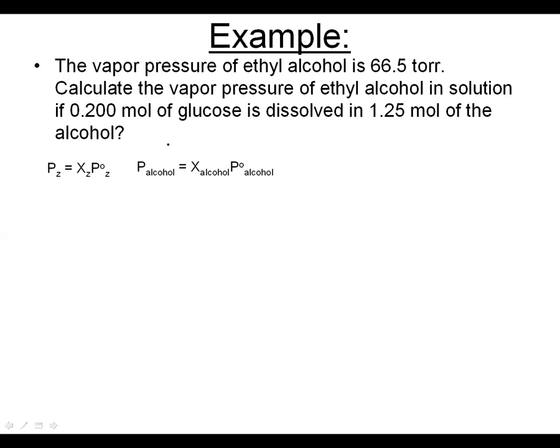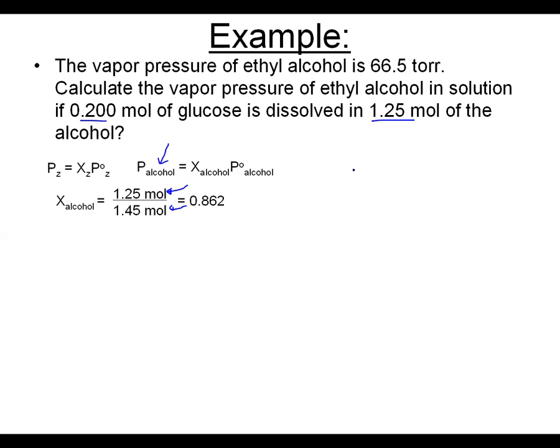So we're going to get the vapor pressure of the alcohol. So we're going to find the mole fraction of the alcohol. So that is the moles of the alcohol. This is the total moles, which you get from the 0.2 and the 1.25. So we're looking for the vapor pressure again here of the alcohol.